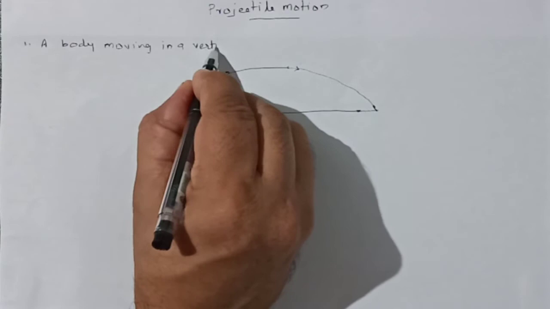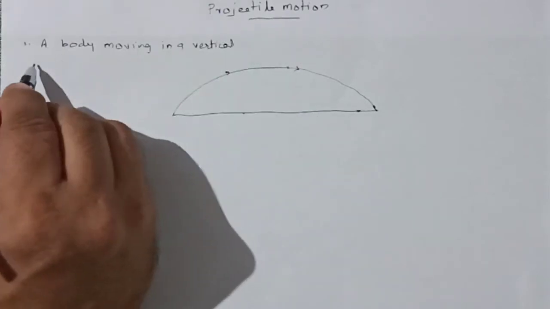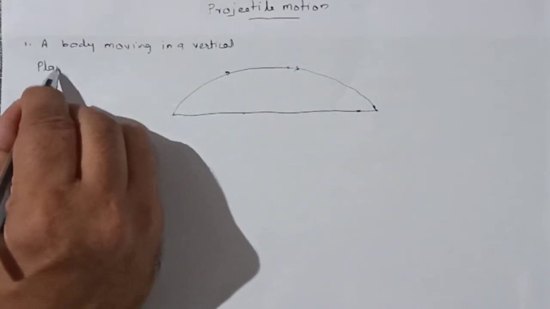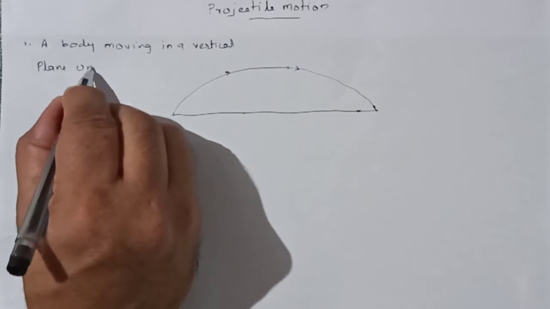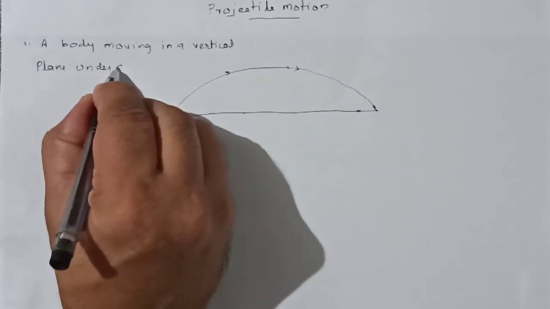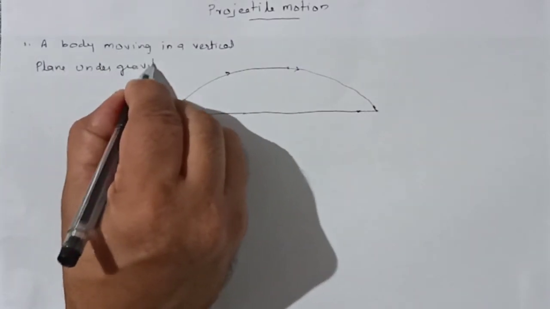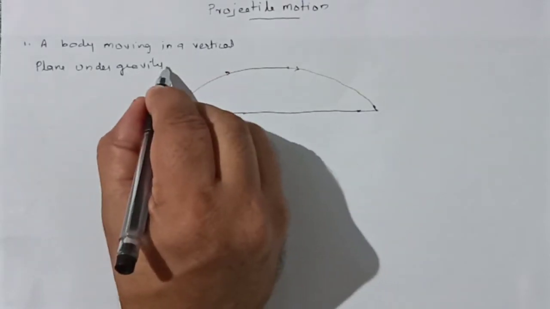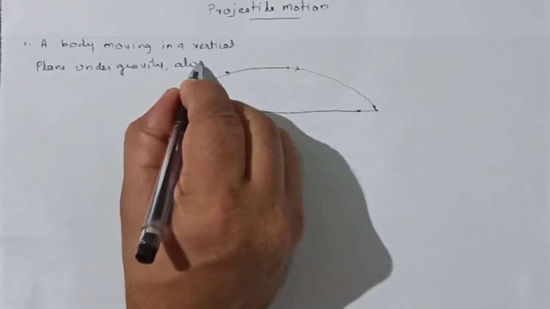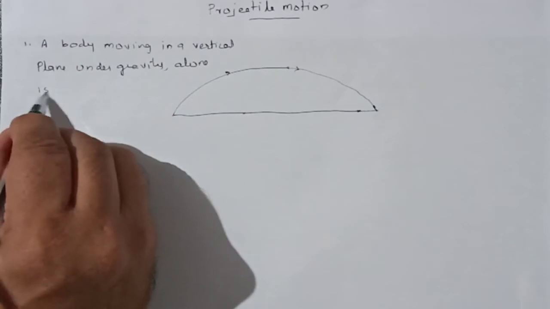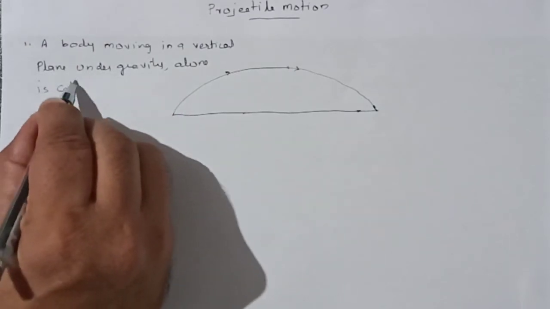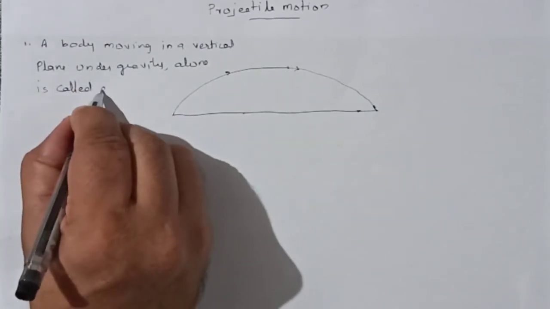The body will be moving in a vertical plane, and the only force that acts on the body is gravity. So you call a body moving under gravity in a vertical plane a projectile. Okay, a body moving under gravity in a vertical plane is called a projectile.